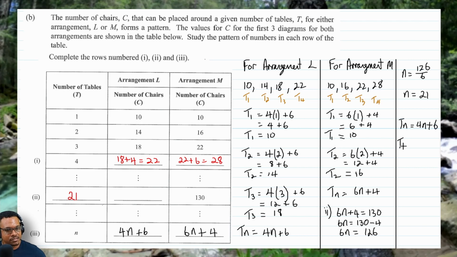And the 21st term, T21, means replacing the n with 21. So 4 by 21 plus 6. And 4 by 21 is 84. So we're going to have 84 plus 6, and that's equal to 90. So T21 for arrangement L is equal to 90. So that means when the number of tables is 21, for arrangement L, we'll have 90 chairs.